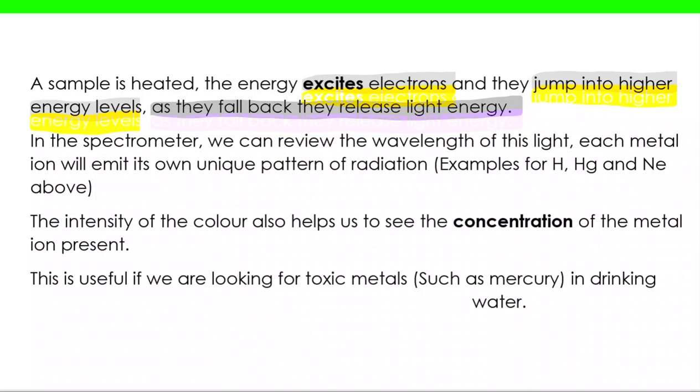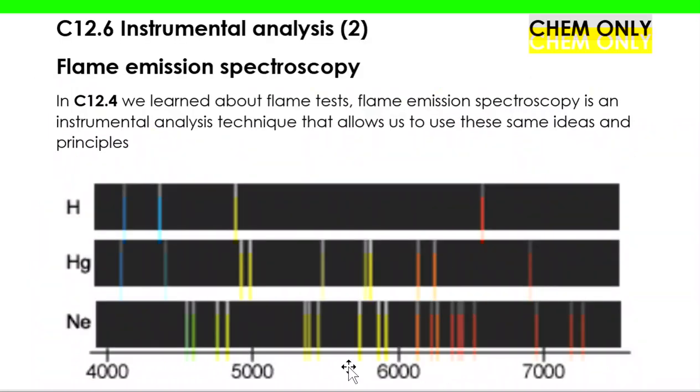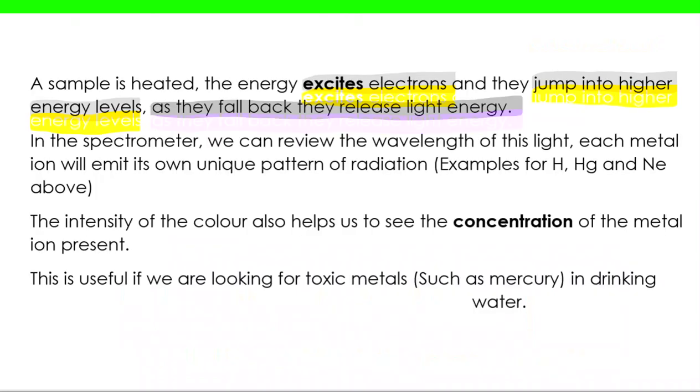So what we can then do is look at the wavelength of the light. We had some examples a moment ago, because the wavelength of the light will give a very specific pattern, as we can see here for hydrogen, for mercury, and for neon. We can also look at the intensity of the light. If the light is more intense, that means there is a greater concentration.